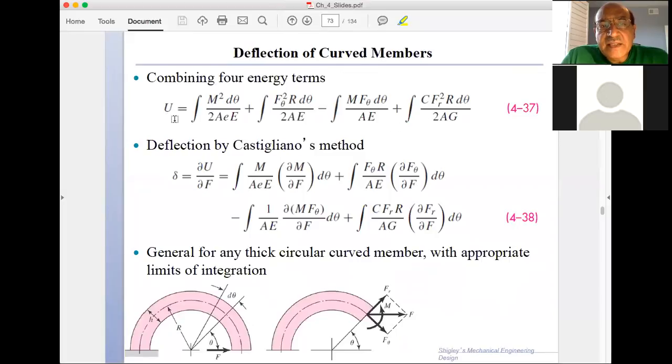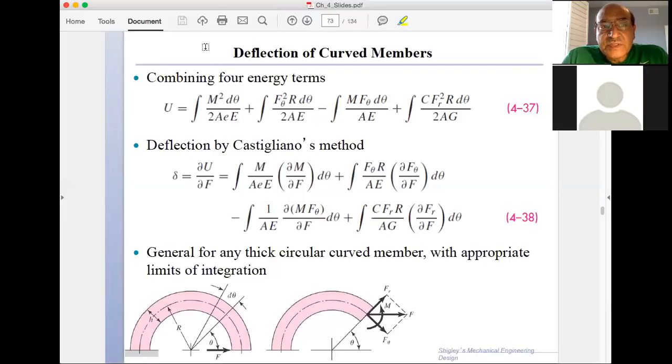And Castigliano's theorem gives the deflection in the direction of an applied force. So if I have an applied force F and I want to find the corresponding deflection, then I find the derivative of the elastic energy with respect to the force.